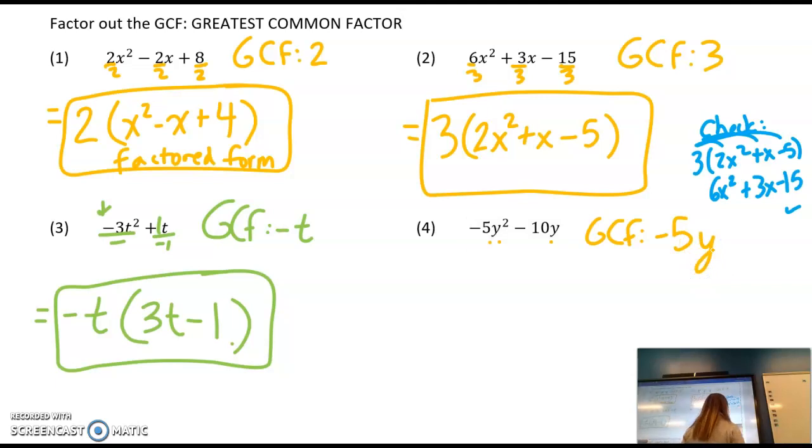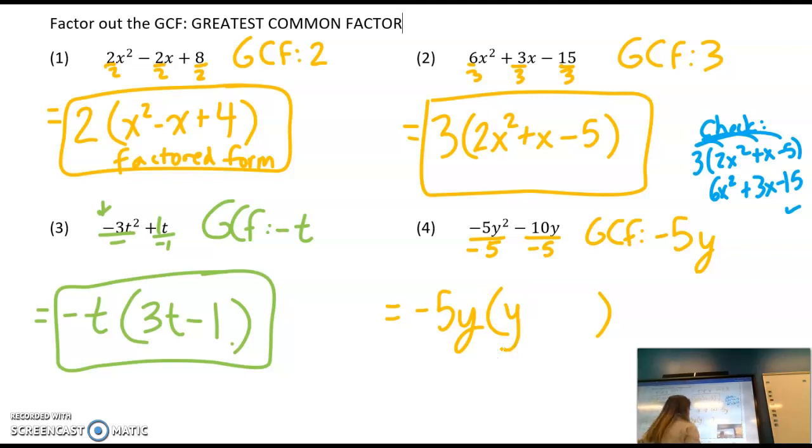So they have 1 y in common. So now let's factor out our GCF of negative 5y. So I need to divide by negative 5y and negative 5y. So this will give me a positive 1y. And then negative 10 divided by negative 5 is a positive 2.